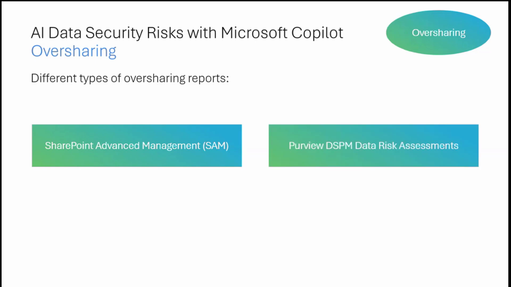Purview DSPM data risk assessments. SharePoint Advanced Management lives within the SharePoint admin console. There are some licensing requirements, which I won't get into. However, SharePoint administrators will typically use SAM. Purview DSPM data risk assessments, of course, live within Purview, and data security administrators or compliance administrators will typically go here. DSPM data risk assessments surface a lot of the same type of insights as SAM.